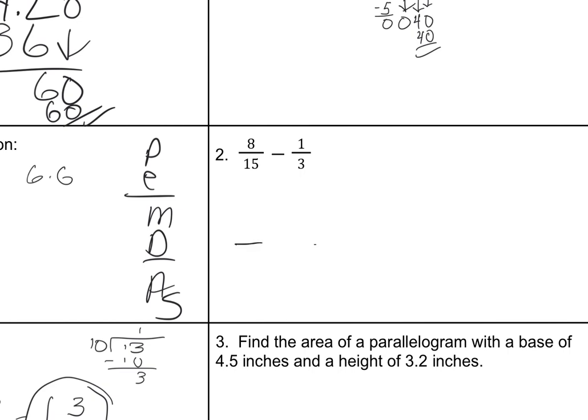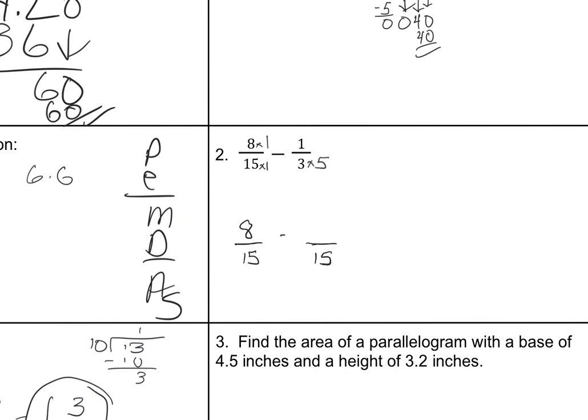Number 2, subtracting fractions with different denominators. We got to have the same denominator, so we're going to have to rename them. Find their least common multiple. That is 15. Then what do I multiply times 15 to get the 15 at the bottom? That's 1. So I'm going to multiply my numerator of 8 times 1 to get 8.